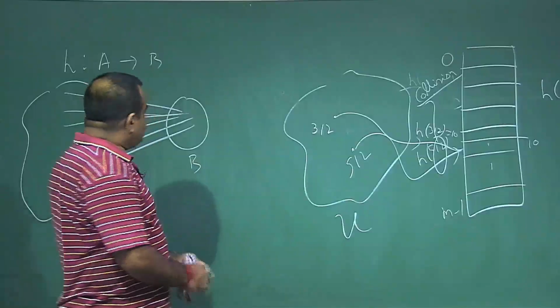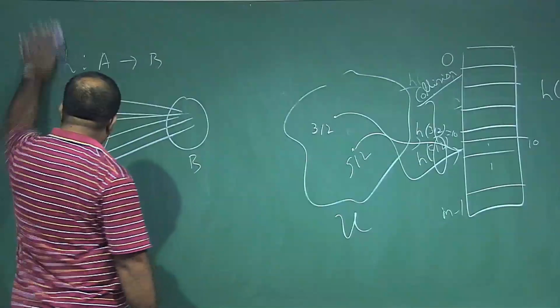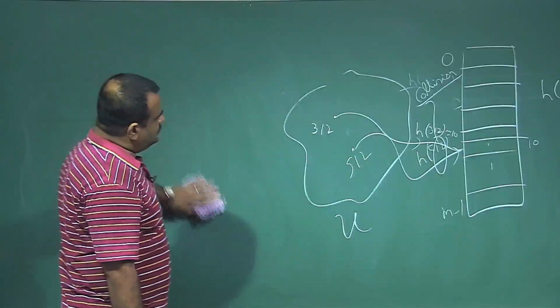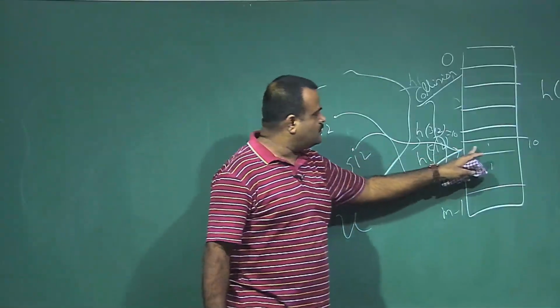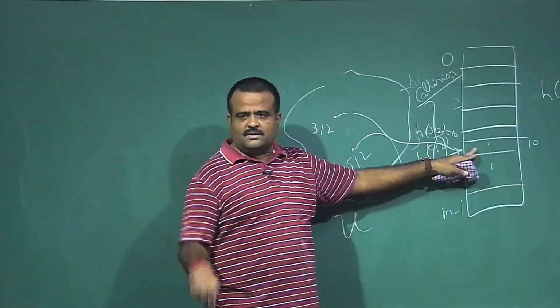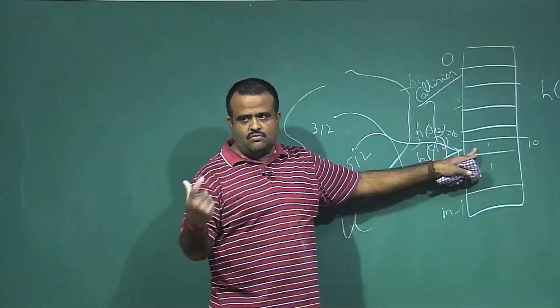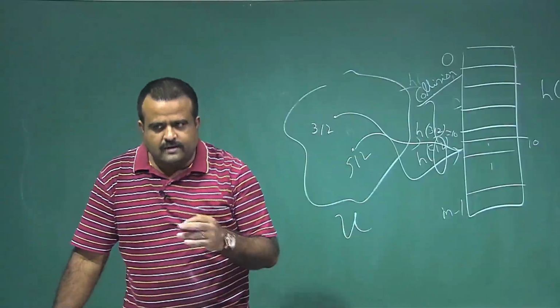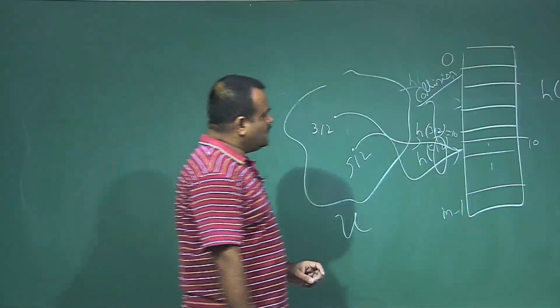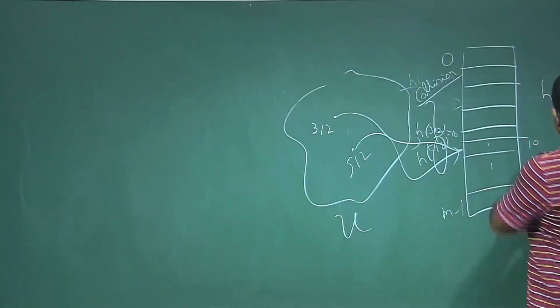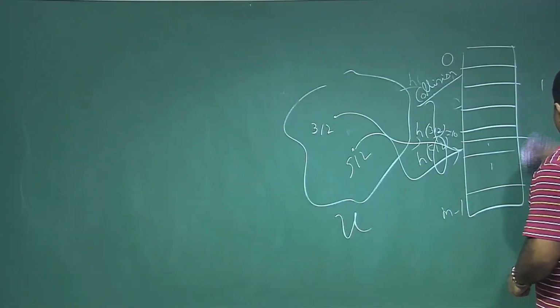Now the question is how we can handle this collision, because if two keys are mapping to the same slot, we cannot fit both there, because each slot is capable of storing only one key. So, what do we do? We can have a chain. Here two keys, 512 and 312, are colliding in the 10th slot.